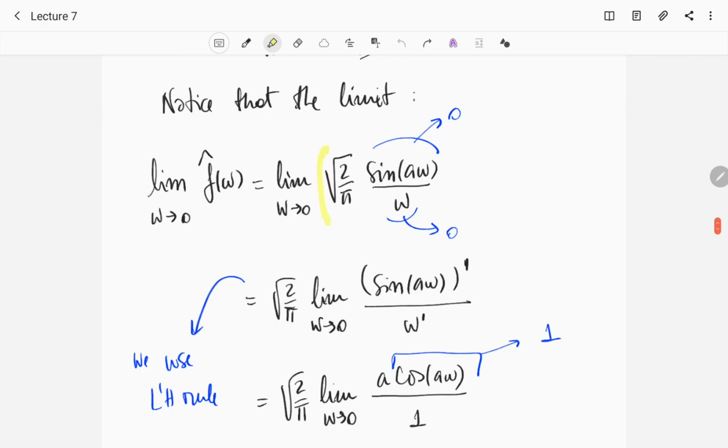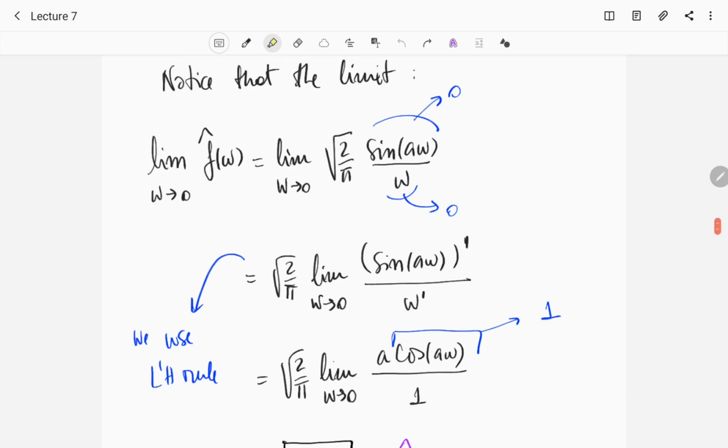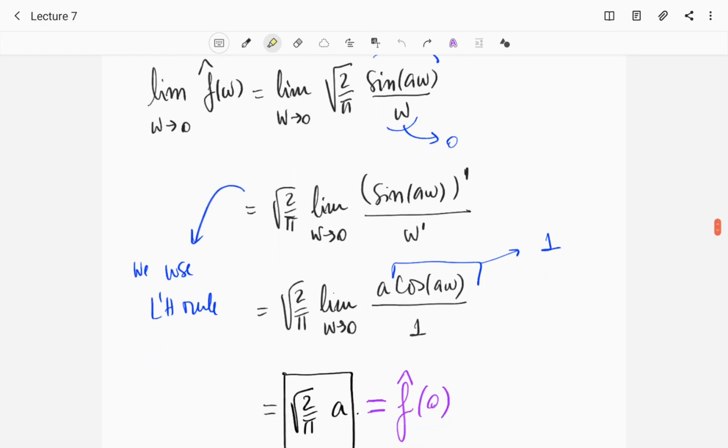First of all, we can put this number out of the limit because it's just a number, that's why it's here. And then for solving this limit, we can differentiate this function and differentiate this function and see if this auxiliary limit exists, which of course we are lucky and it exists. If we differentiate this, the derivative is just a times cosine of a omega, and this cosine of a omega when omega goes to 0 goes to 1.